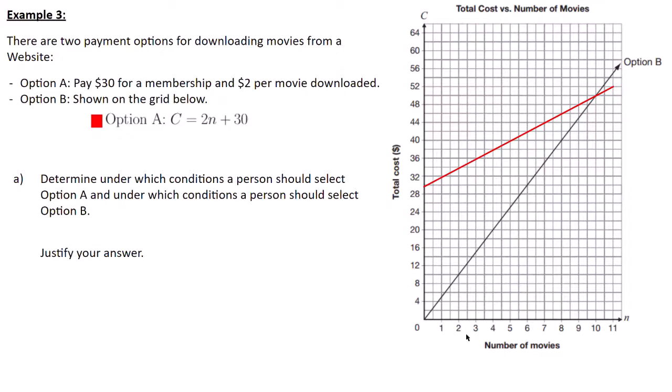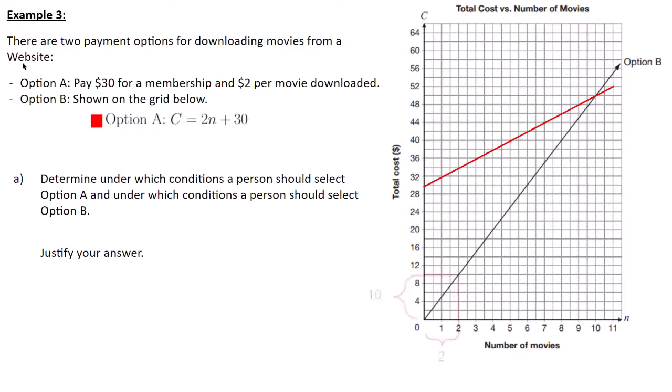Over here on the horizontal axis, every 2 boxes we increase the number of movies by 1. Whereas over here, every 2 boxes, we increase the total cost by $4. So we have this graph over here, but we want to figure out the graph of this line over here. We know that it's a direct variation because it goes through the origin (0, 0).